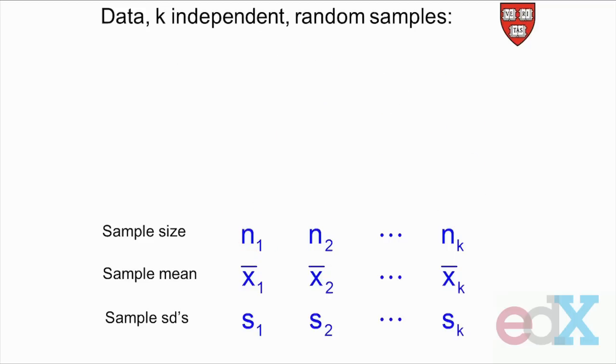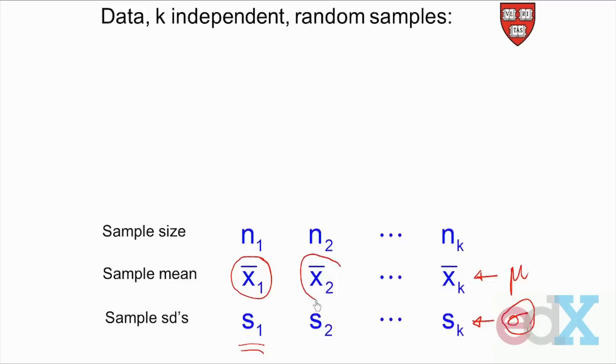So what do we have here? Well, each one of these is estimating the same quantity mu. Also, each one of these is estimating the same quantity sigma. So what I can think of all of this is that this is one sample from a population with standard deviation sigma.